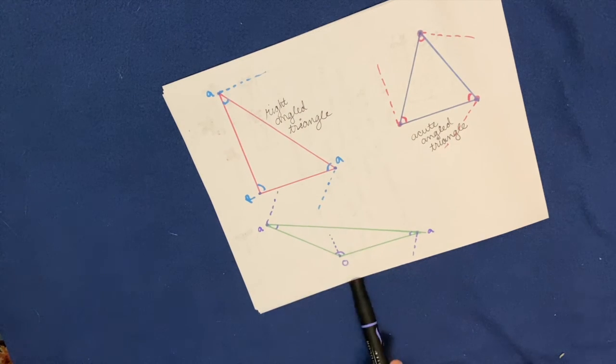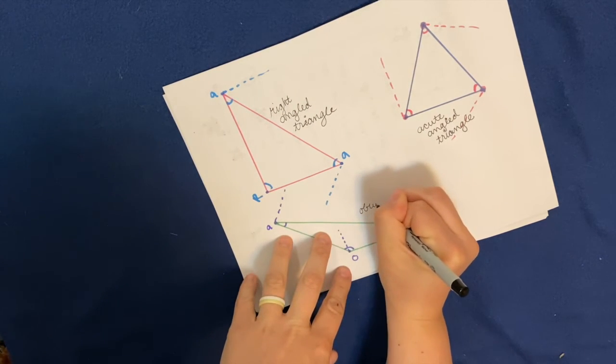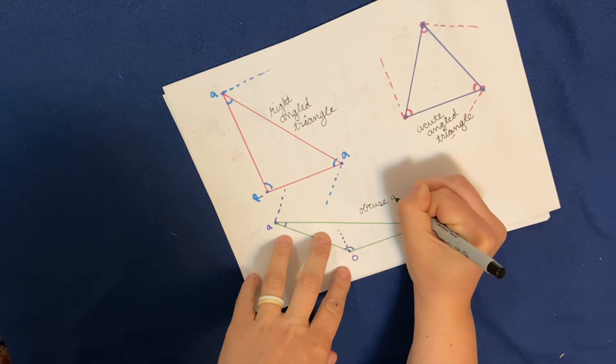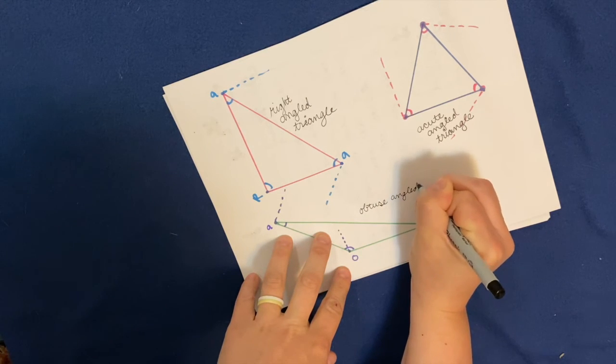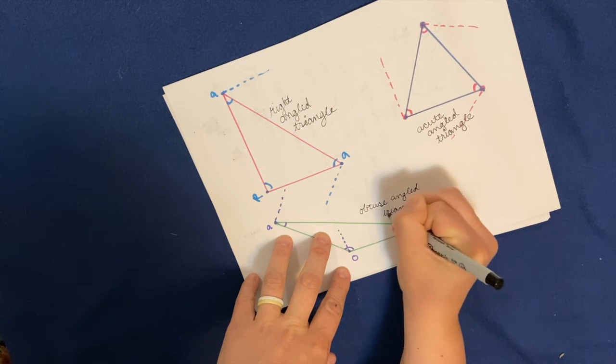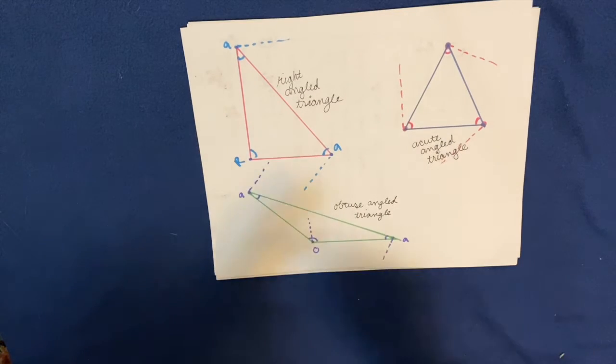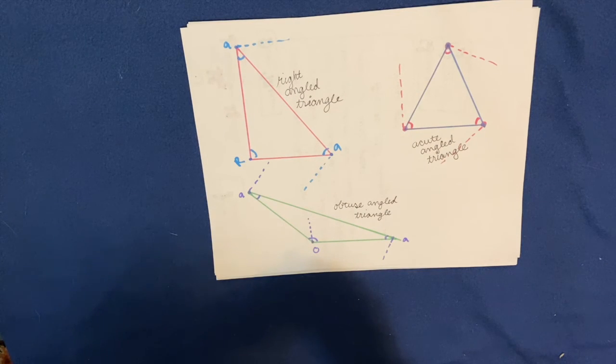Acute, acute, obtuse. This is called an obtuse angled triangle. Okay, so this is how we can classify triangles based on their angles.